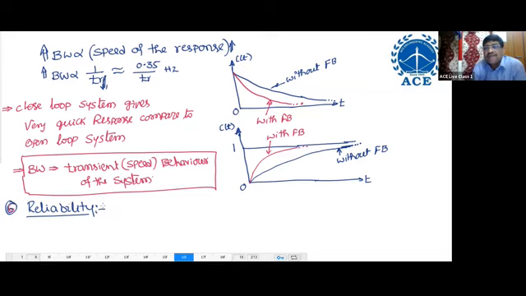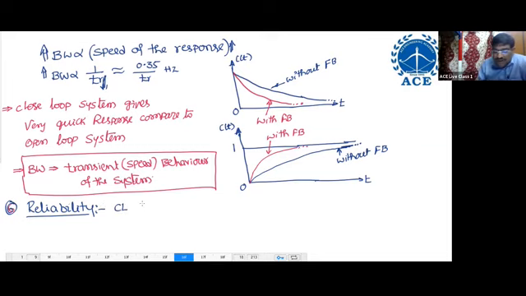But as fabrication technology developed, now they say closed loop systems are more reliable because it has a sensor. If any fault comes, it senses it and gives the output. Another thing is that there are multiple paths. Even if one path breaks, the other paths come into the picture so that it gives a reliable output as compared to the open loop system.